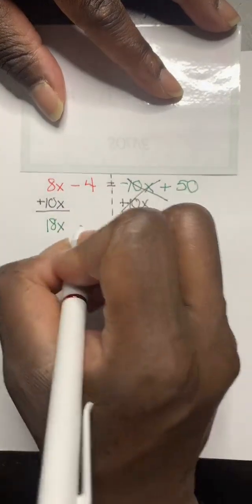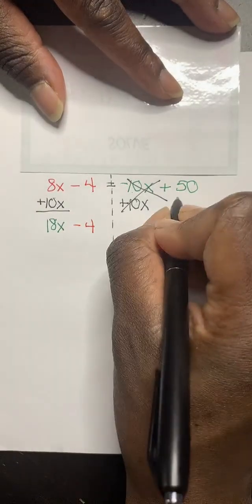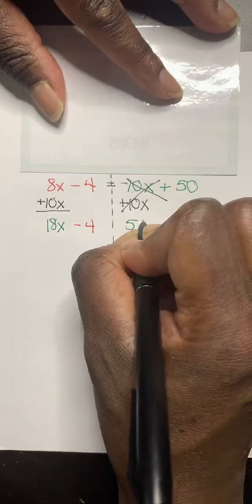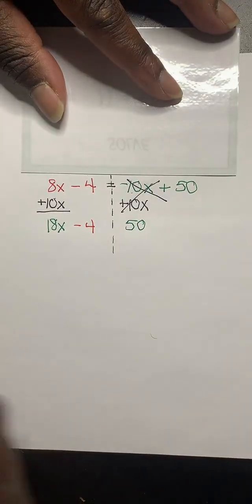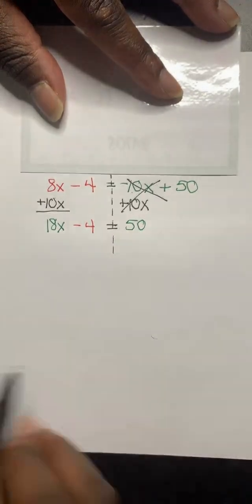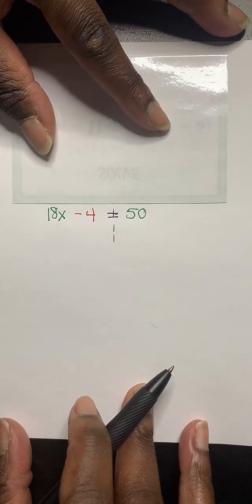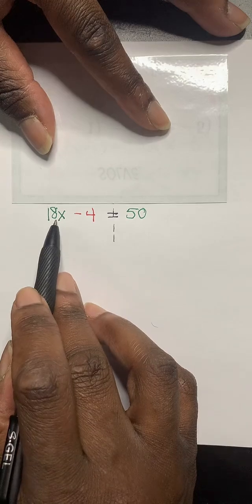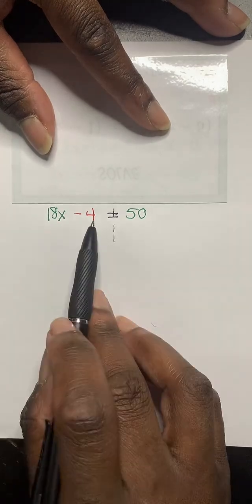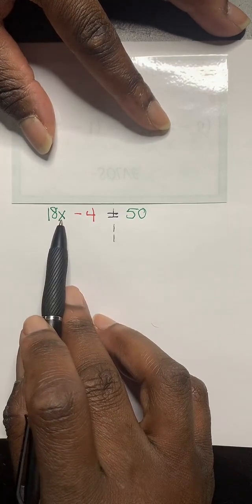Okay, so bring down my -4. Bring down the positive 50, so I can just write 50. Keep that equal sign. So now we're focusing on this. Since my x's are here, that means this person is trying to bring their negativity to me.